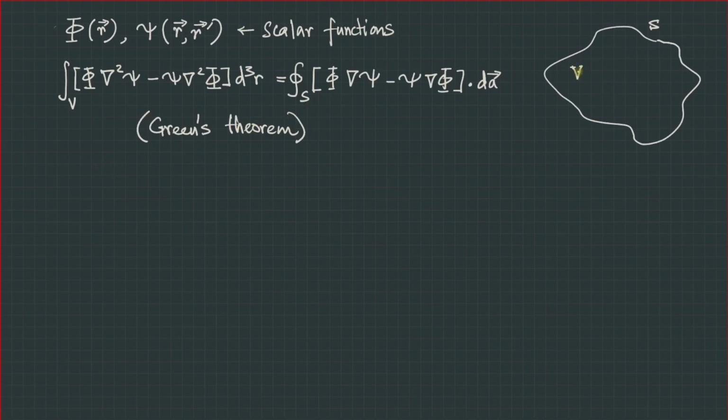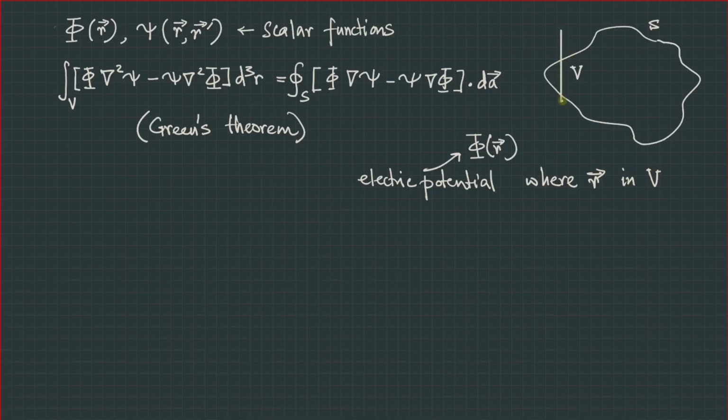We have a volume V enclosed by a surface S. We want to find phi of r, where this phi is the electric potential, and r is some point in the volume V. To make things clear, we should have a coordinate system with x, y, z, because we are working with vector quantities.